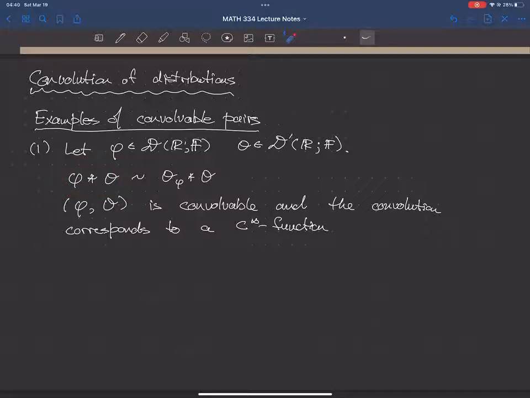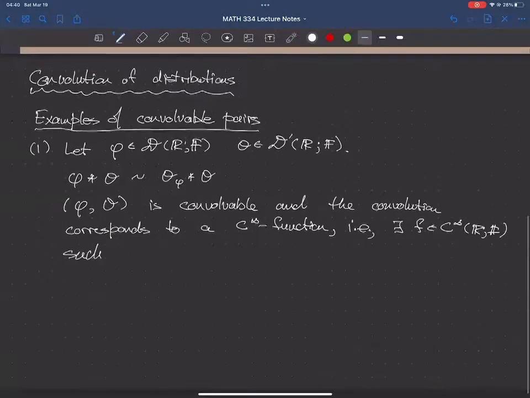But what this is saying is that it's a particular distribution, a very special kind of distribution. Let me cut to the chase and write down clearly what I mean. So, i.e., there exists an f in C infinity of R such that phi star theta is theta f. So that's what I mean.